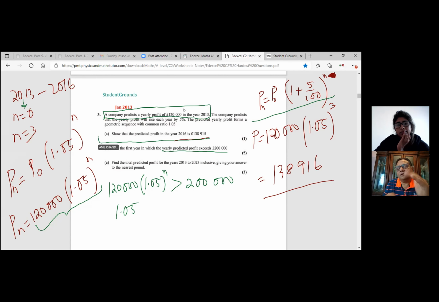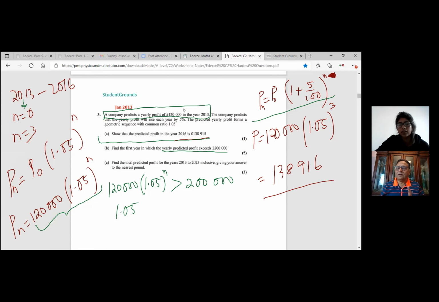Either way you could have calculated. The first year is 2013, so 2016 will be the fourth year, so your formula will be n minus 1, 4 minus 1 gives 3, and you'll get this. You could write either of those two formulas, but you have to define the initial value. Are you considering n as 0 or n as 1?